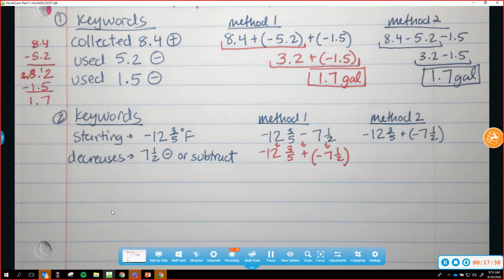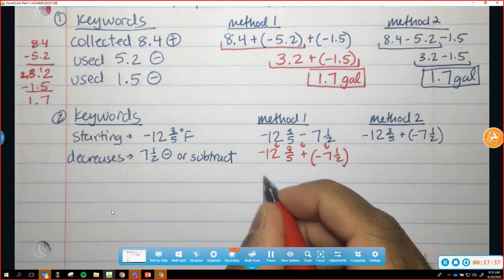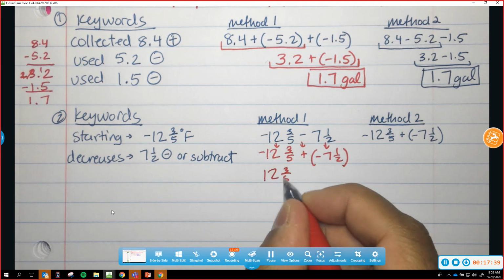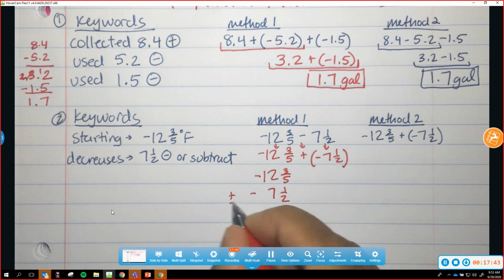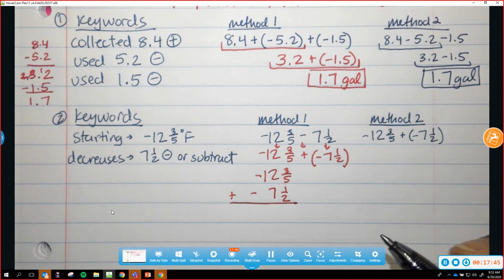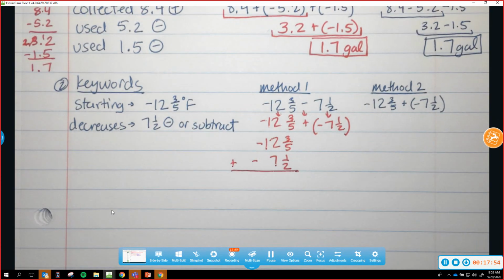So if you notice, either way, I end up doing the same problem. They're both negative, so I can add like normal. So I have 12 and 3/5 plus 7.5. I have to find a common denominator with those. Myra, do you know what our common denominator could be with those two fractions?